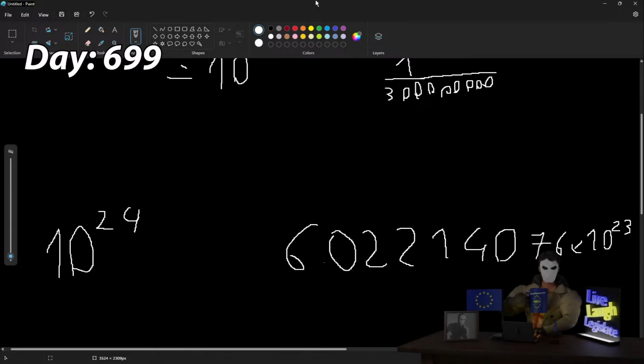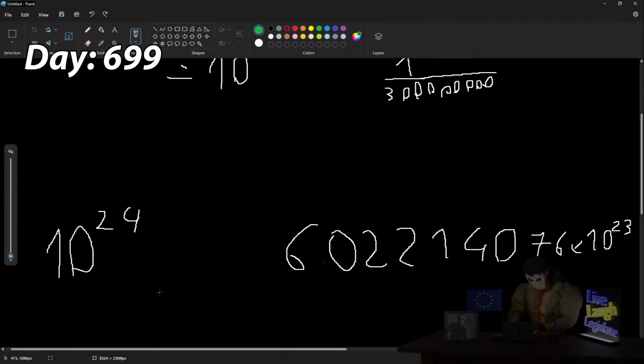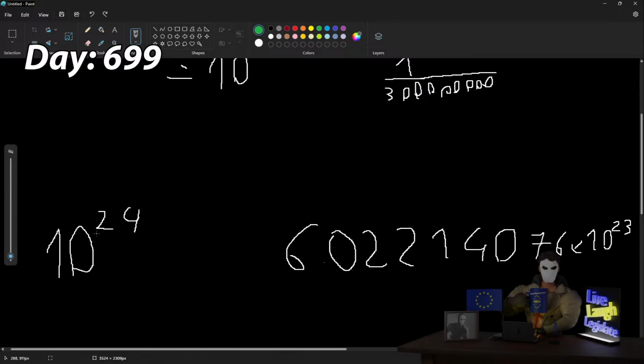Call me crazy if you want, but I think this one is nicer. Why 24? It's because, as I mentioned, the exponent is divisible by 3, which means you can just switch the prefix in SI.